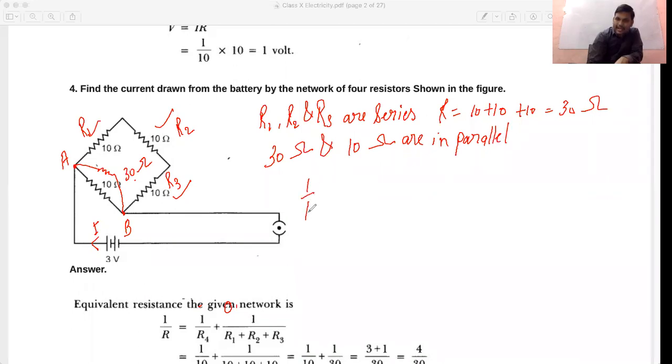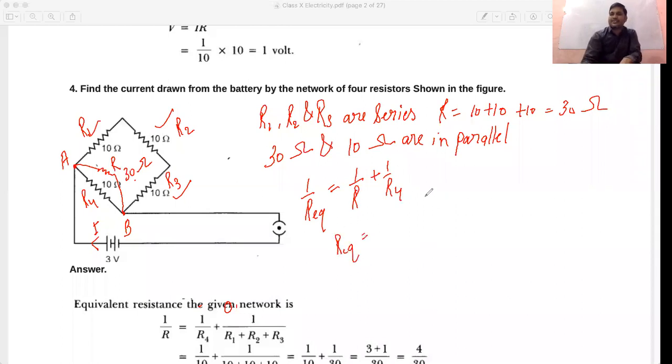So 1 by R equivalent you can write as 1 by R1 plus 1 by R4. Let's say this is R and this was your R4.